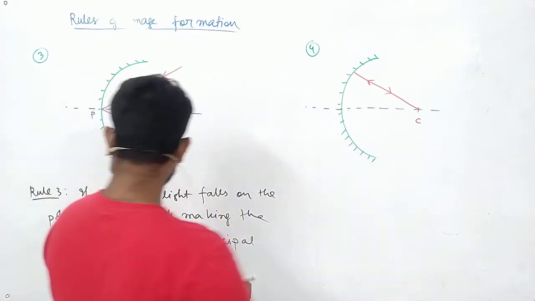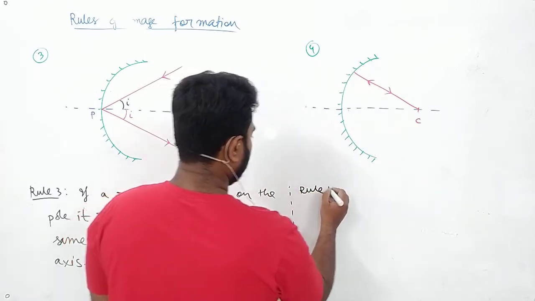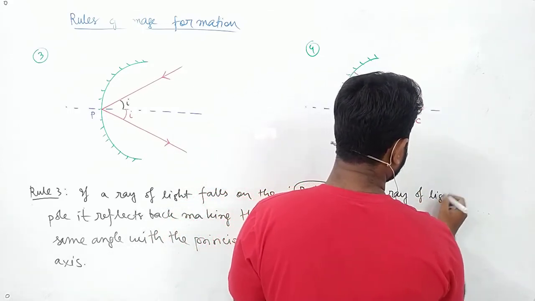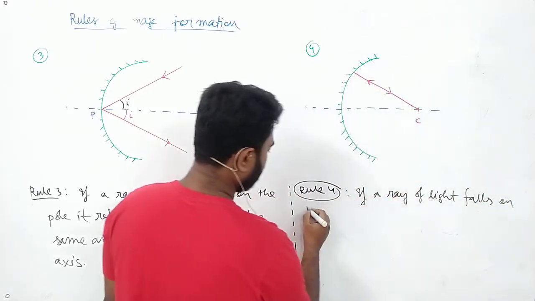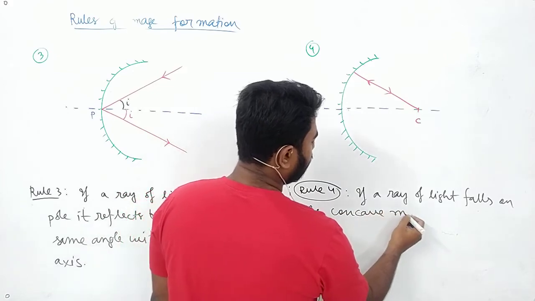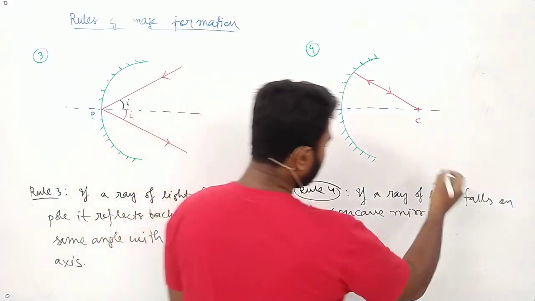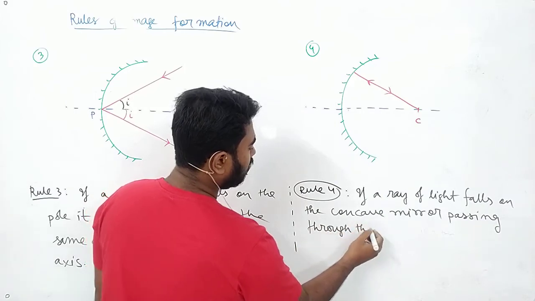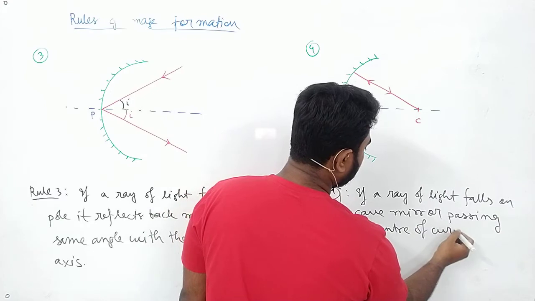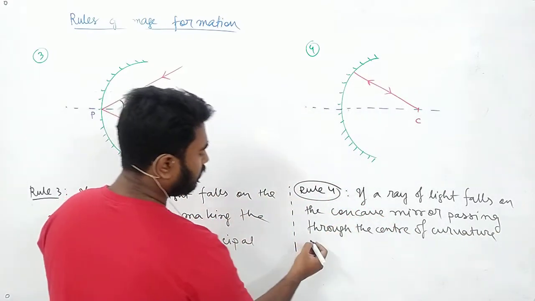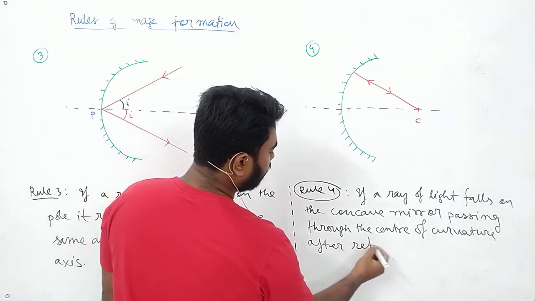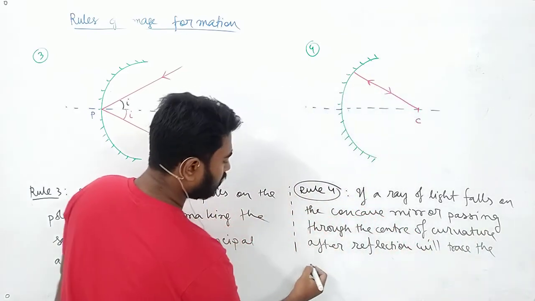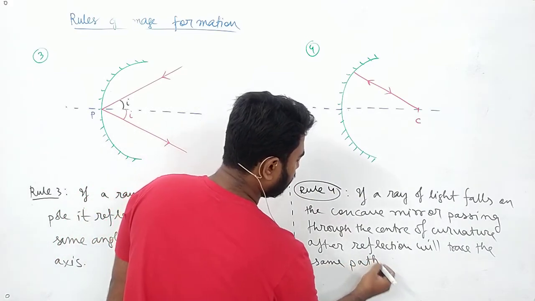Okay, so write down rule number 4. Rule 4: if a ray of light falls on the concave mirror, passing through the center of curvature, after reflection it will trace the same path.